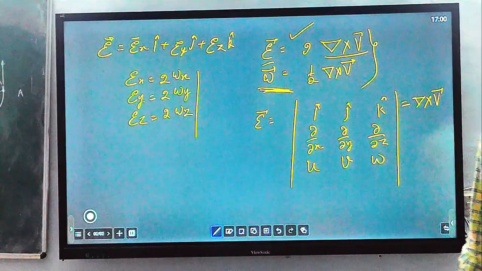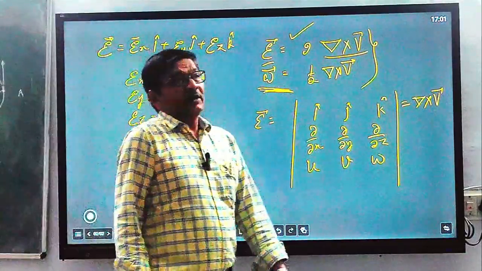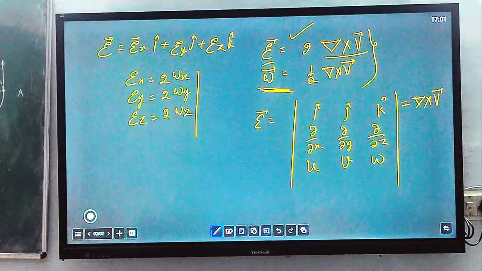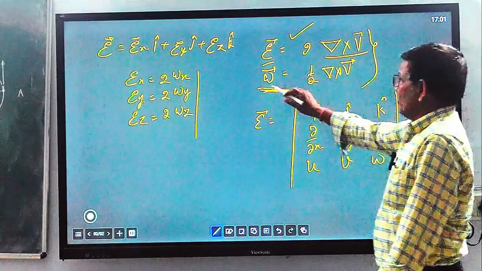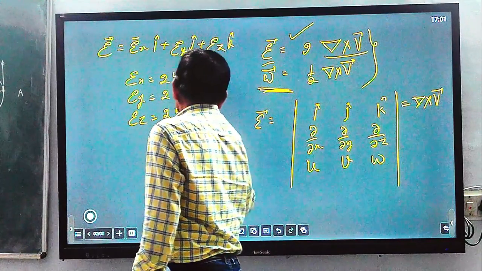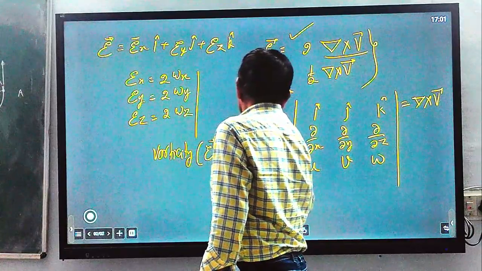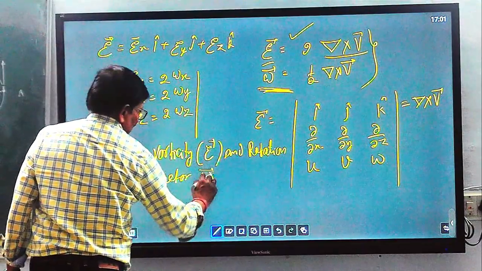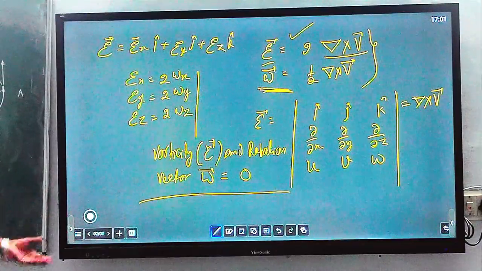These are very simple terms that we want to define, and you can find numerical values. But this exists only for rotational flow. When flow is irrotational, the vorticity xi vector and the rotation vector omega both will be 0.